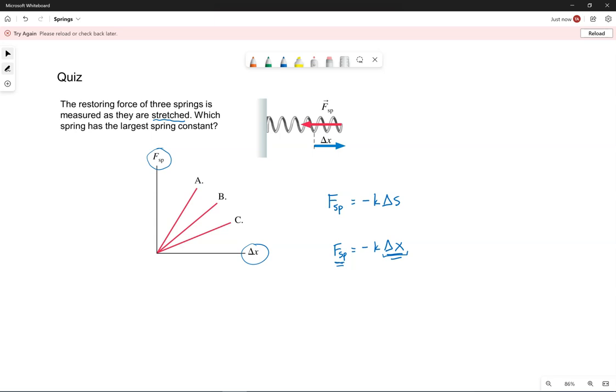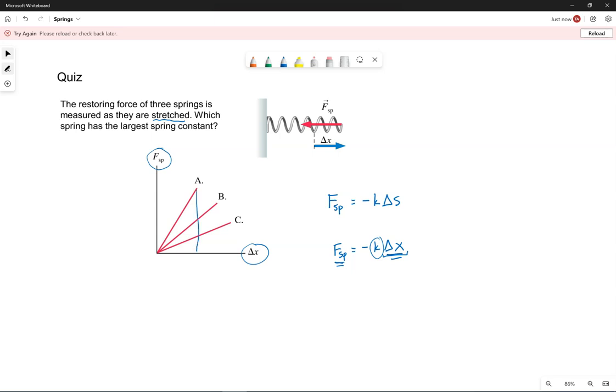So the slope of those lines has to represent essentially K. Now the negative sign, it appears they're graphing the magnitude of the force, not the actual value, because those slopes are positive.